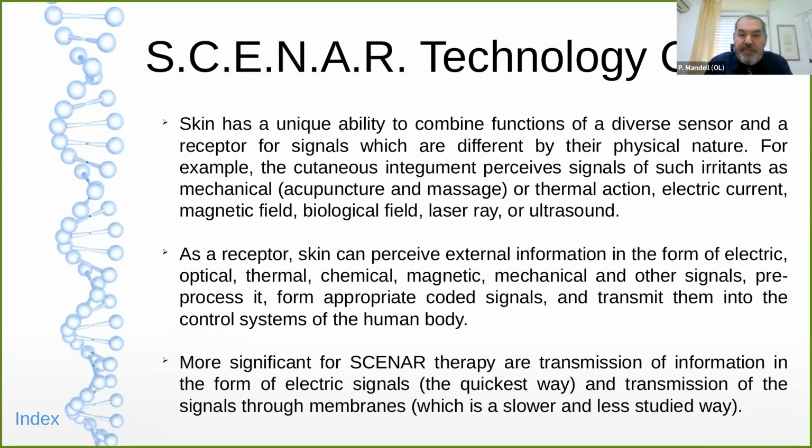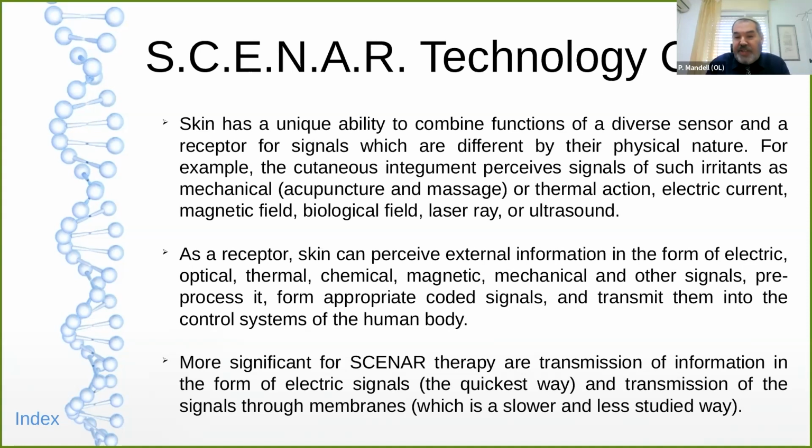As a receptor, the skin can perceive external information in the form of electrical, optical, thermal, chemical, magnetic, mechanical, and other signals, process it, form appropriate coded signals, which is what the scanner is doing. It's forming the appropriate coded signals that it created according to the body's signals that it gave it as far as diagnostic signals, and then it transmits them into the control system of the human body through the skin.